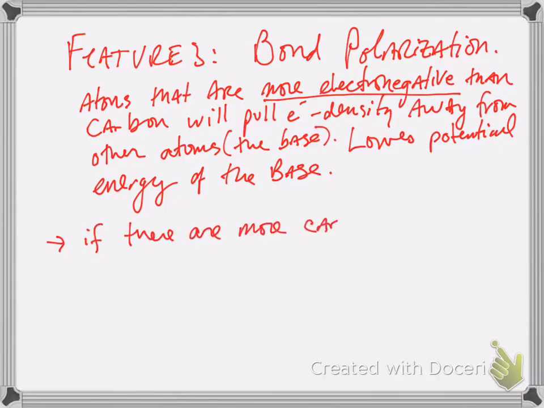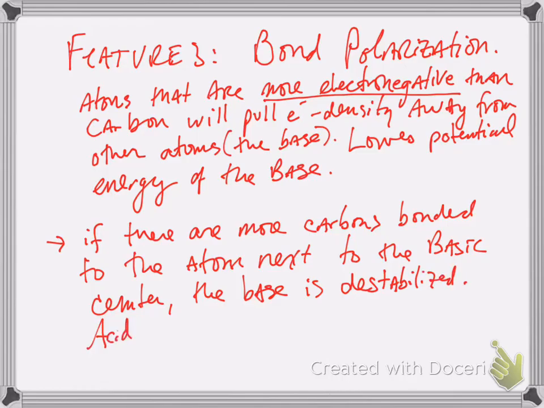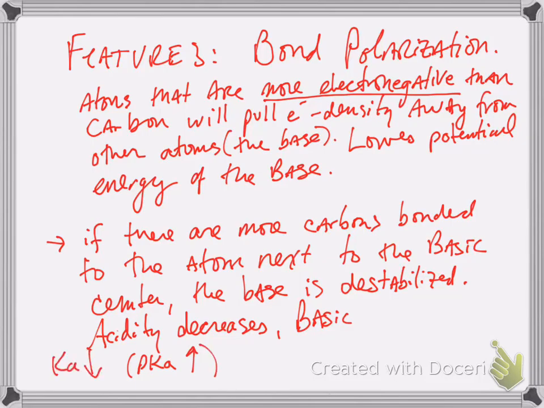So if there are more carbons bonded to the atoms next to the base center, then the base is going to be destabilized. And so that means acidity decreases, because the conjugate base is now less stable. So we would say that pKa would increase and Ka would decrease if there are more carbons bonded to the basic center.